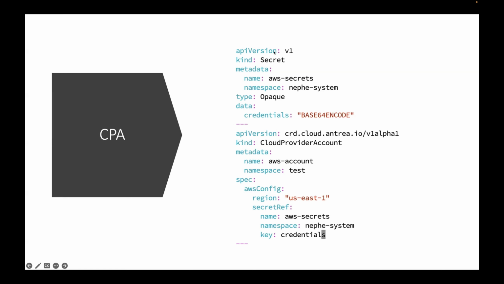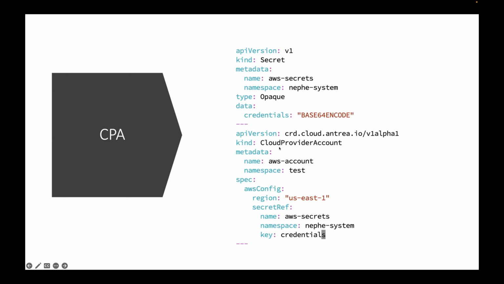The user first creates a secret, an opaque object which holds the credentials, where we take the base64 encoding of the AWS key and secret. We expect the user to create this secret in the NEFI namespace so that the NEFI controller can read the secret added by the user.